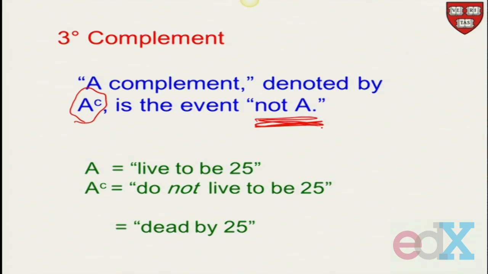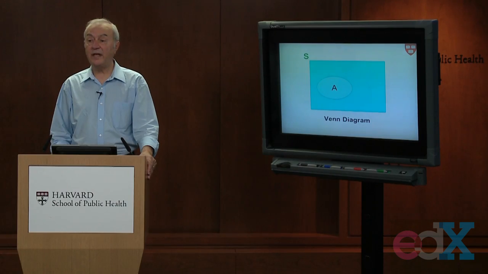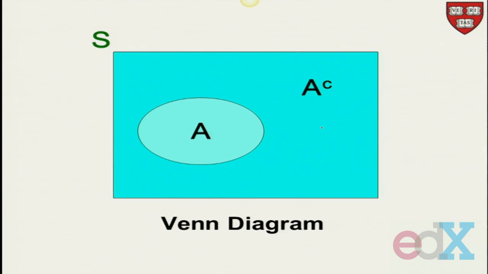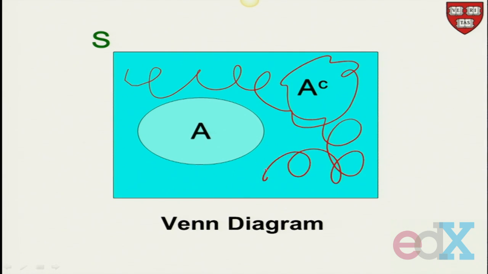So if the event A is I live to be 25, and the event A complement is I do not live to be 25, so dead by 25. Now, with the Venn diagram, if that's the event A, this is the event A complement. So everything out here is A complement. And obviously then the complement of the complement is just A.